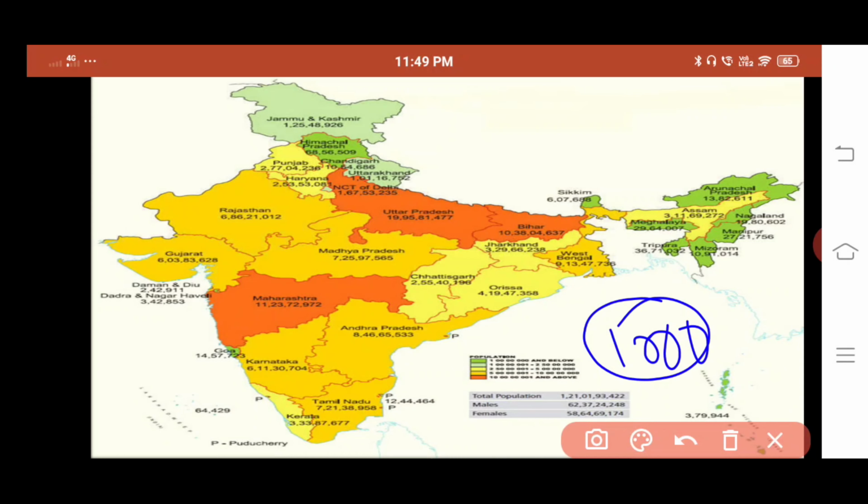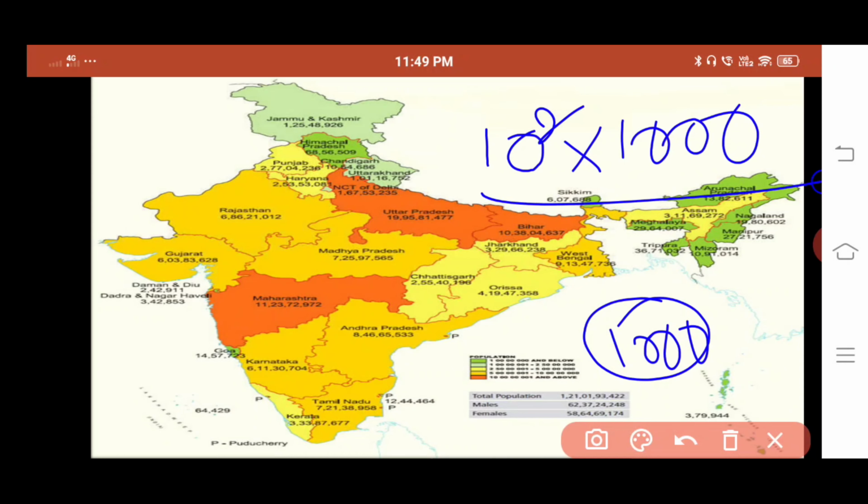So how to find out this population density? Here you have to measure the total area of that land. For example, the total area of that land is 10 square kilometers. So now you have to apply the formula, that is total population divided by total area of that place. Population means people living in that area.